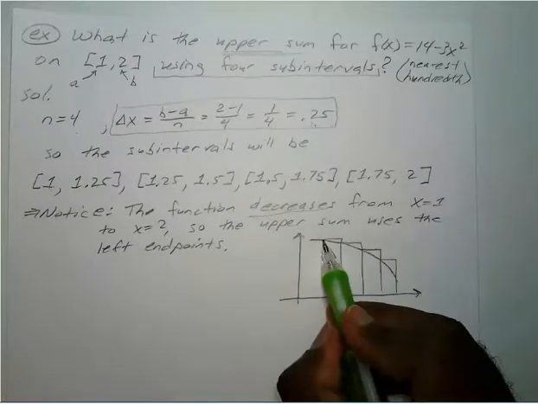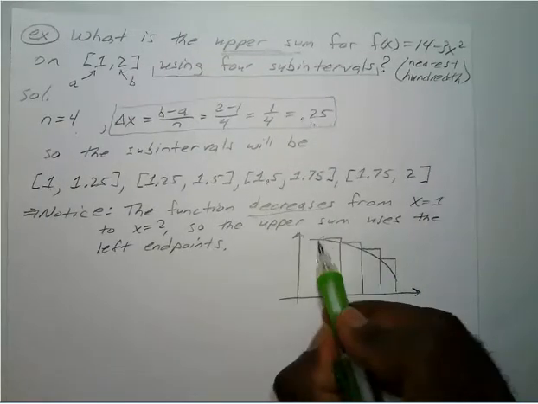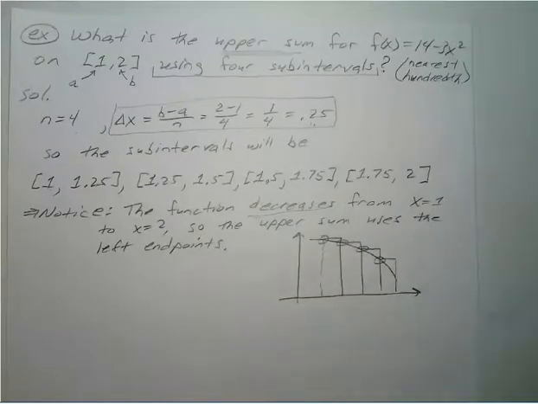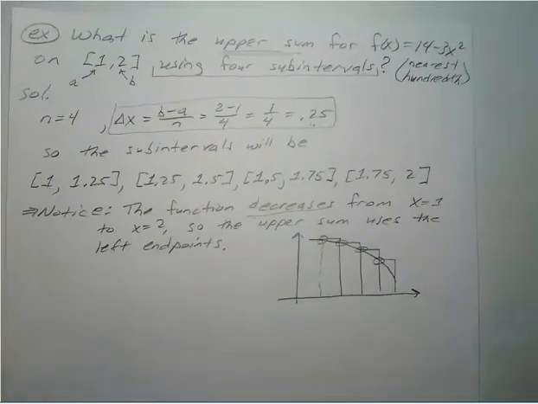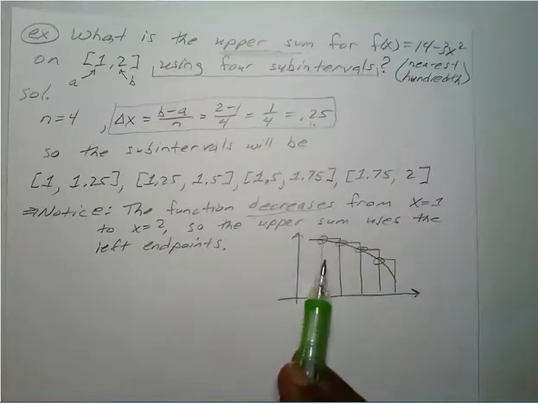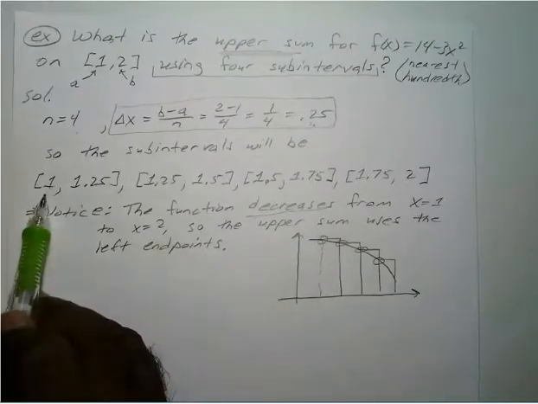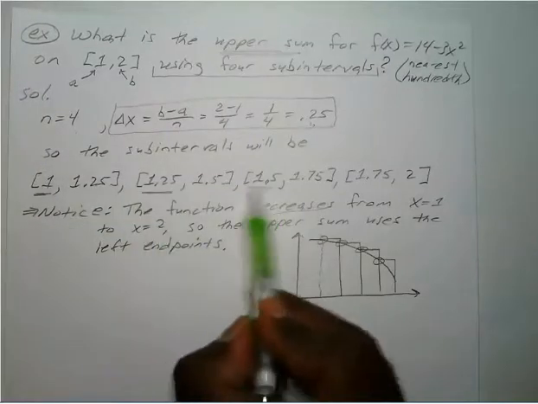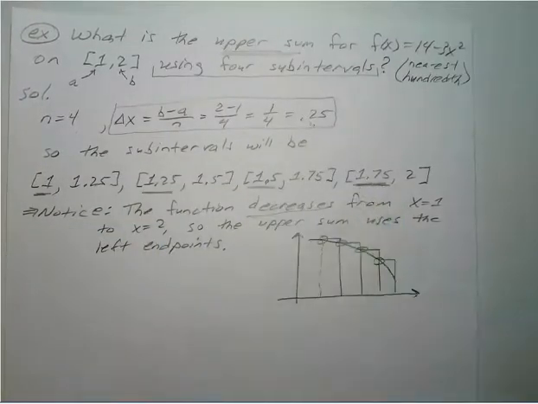You'll notice that all of the left endpoints are actually touching the graph. So if your left endpoints are touching the graph, you're going to use your left values.